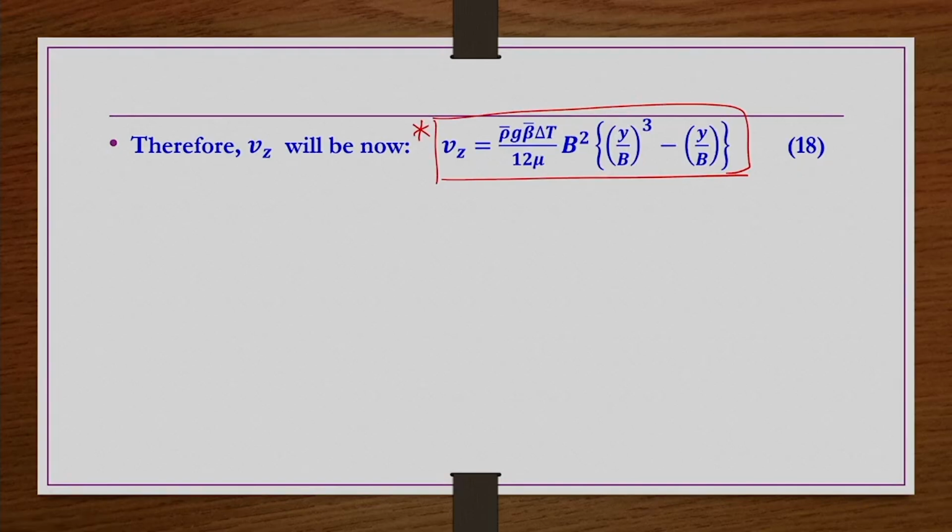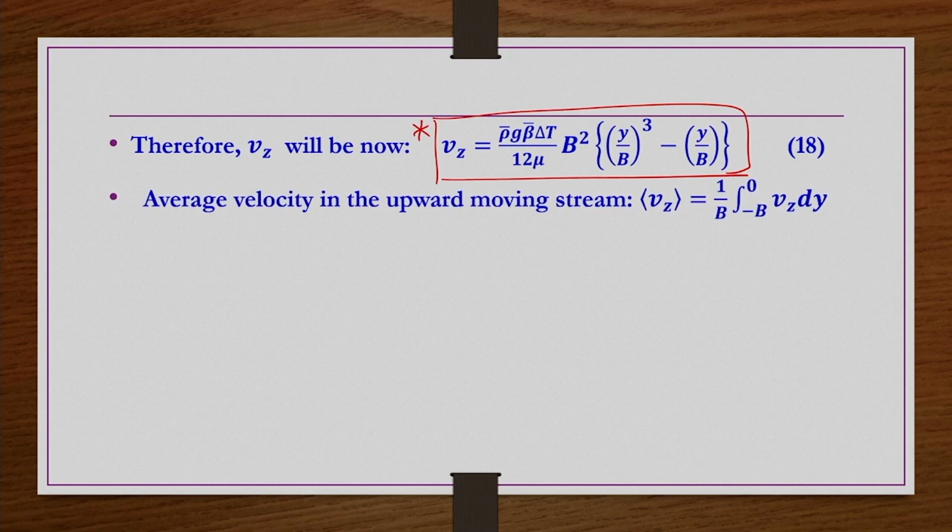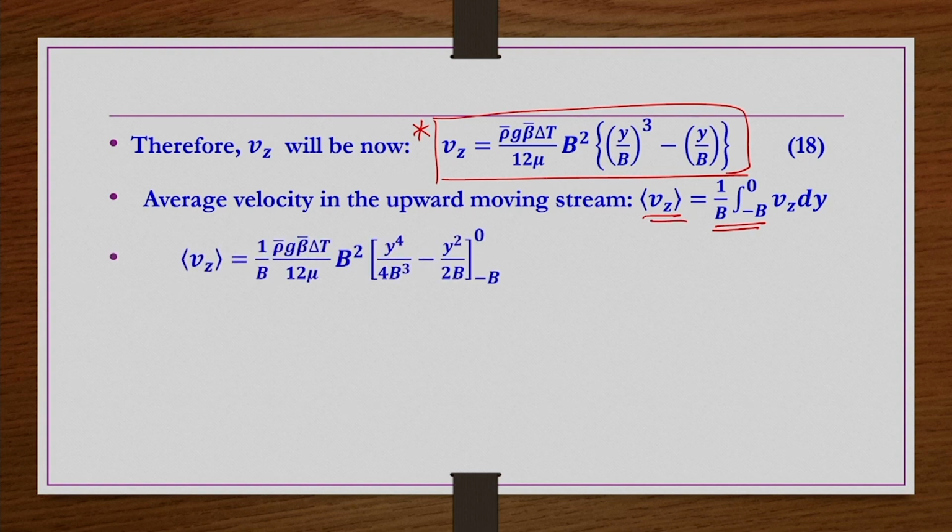Before ending the class, if you want the average velocity in the upward moving stream, average velocity only in the upward moving stream. The upward moving stream is between y equals minus b to y equals 0. So the integral from minus b to 0 of vz dy divided by b, if you do this, you get the average velocity in the upward moving stream. So vz average is equal to all these terms divided by b, and then the integration of these terms.